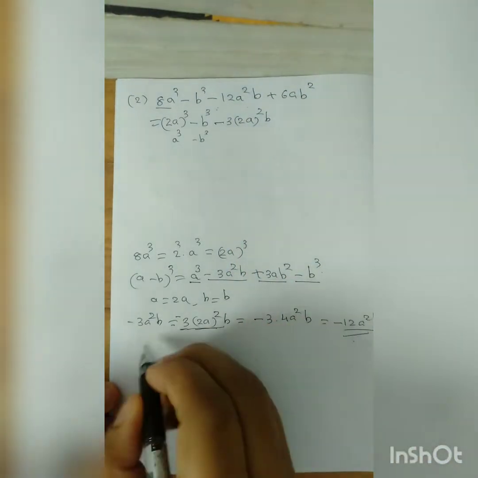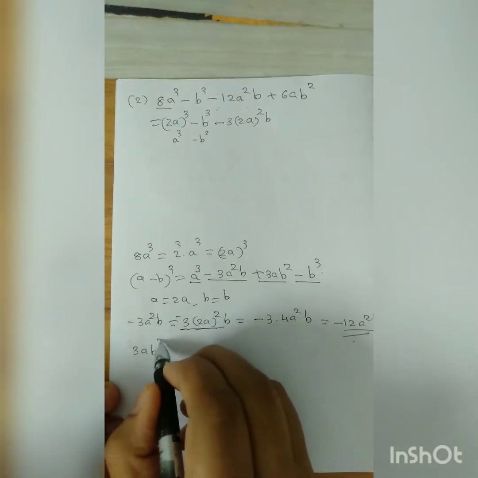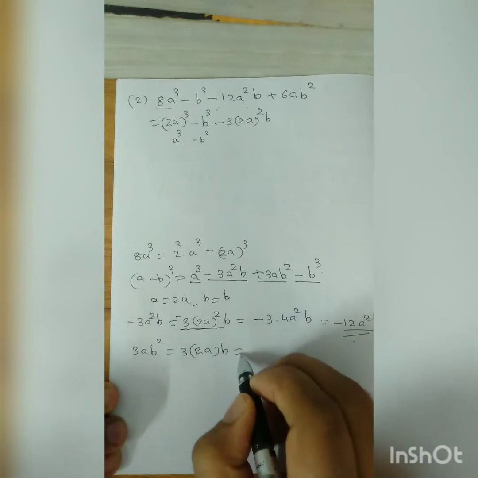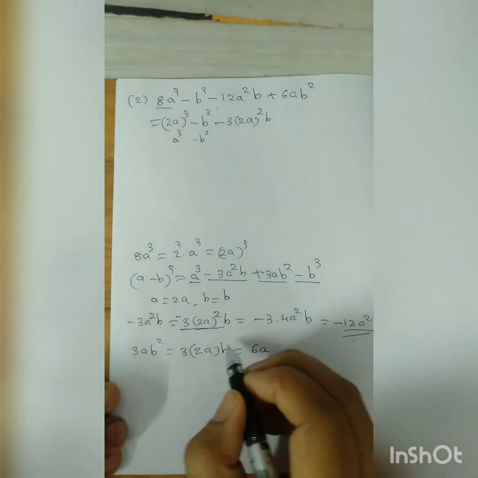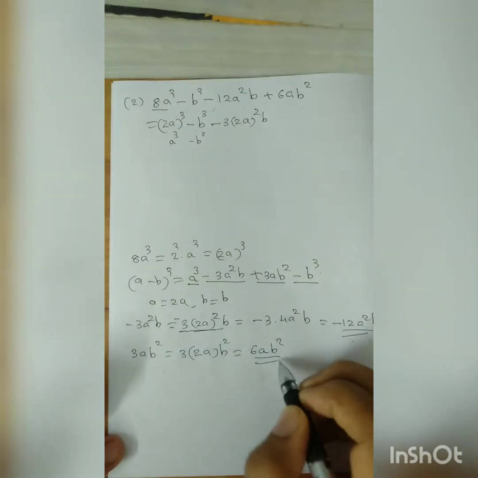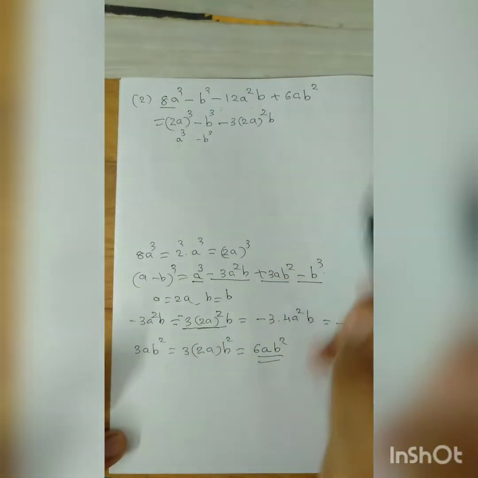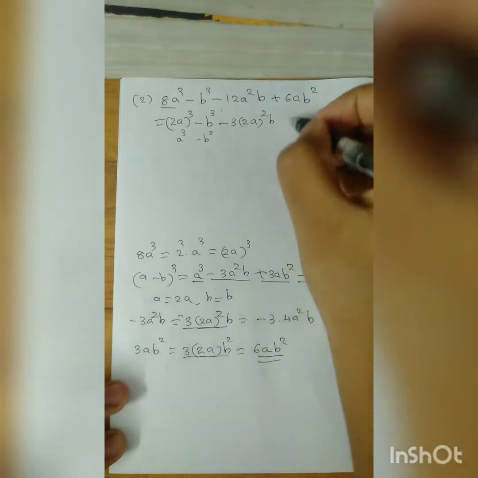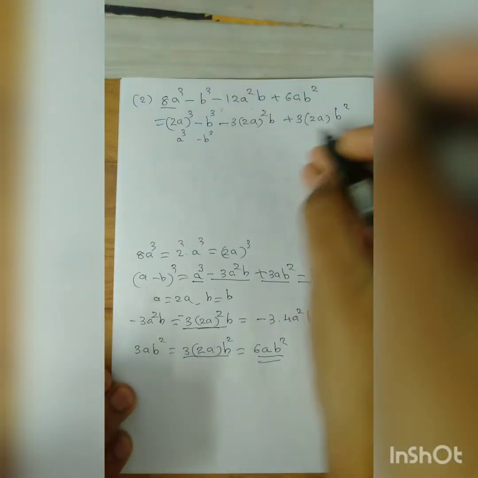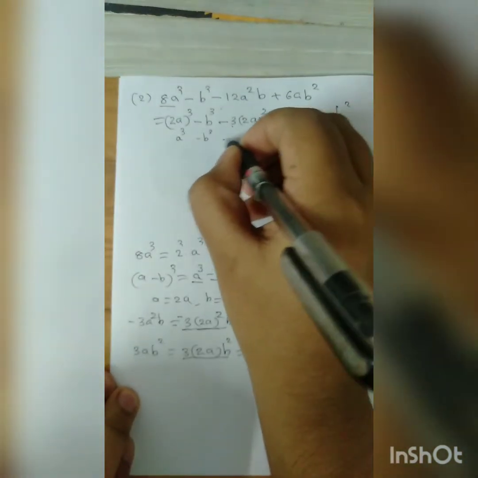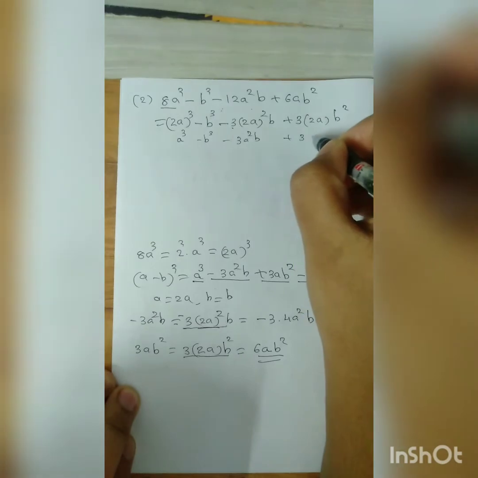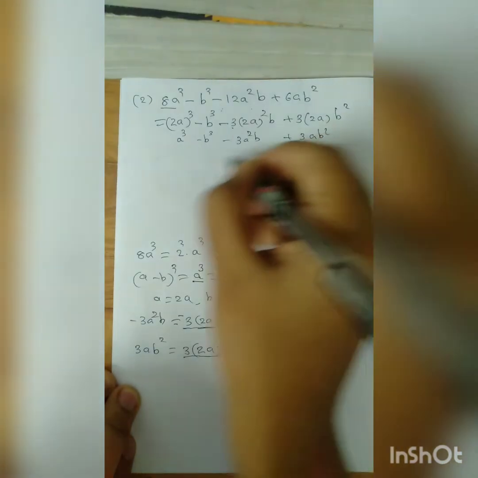Then the next term is 3ab square, which is equal to 3 into 2a into b square, which is equal to 6ab square. So the term 6ab square can be written as 3 into 2a into b square. So this is in the form of minus 3a square b, and this is in the form of 3ab square.